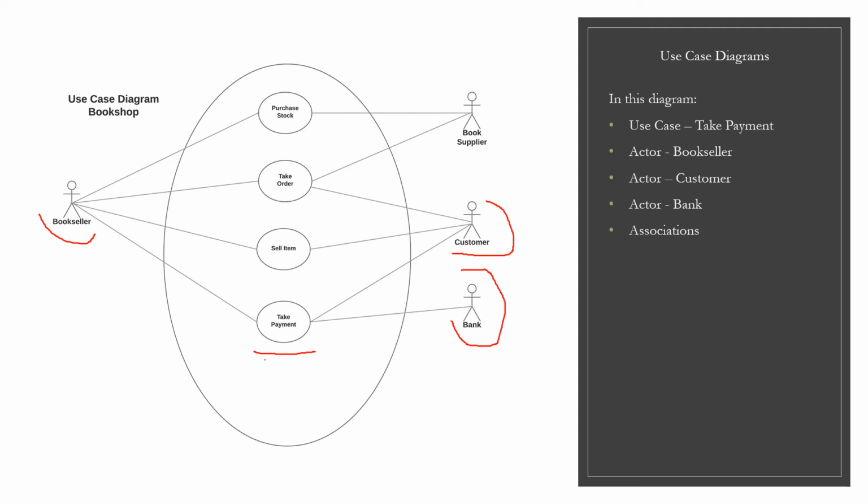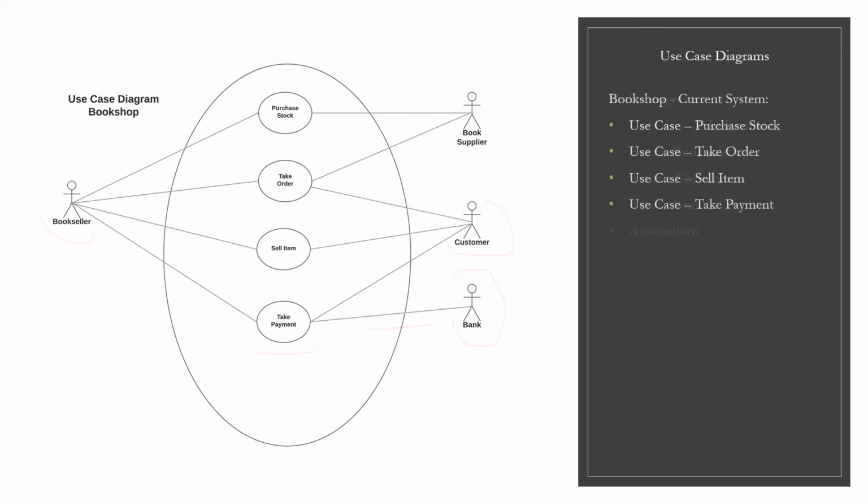Payments by card need to be validated and approved by the bank. So we have another actor and another association. So there we have it, a use case diagram showing at a high level what the bookshop does and who is involved.